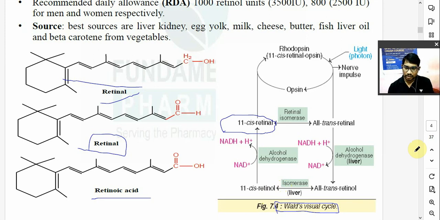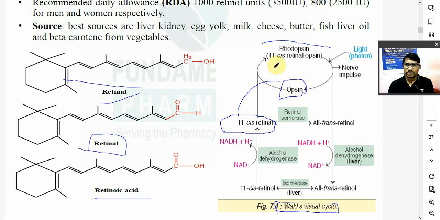Now when light rays will fall on the retina, this rhodopsin is broken down. ये rhodopsin में जो 11 cis retinal है, the 11 cis retinal is converted into 11 trans retinal. There is an isomerization of this retinal.